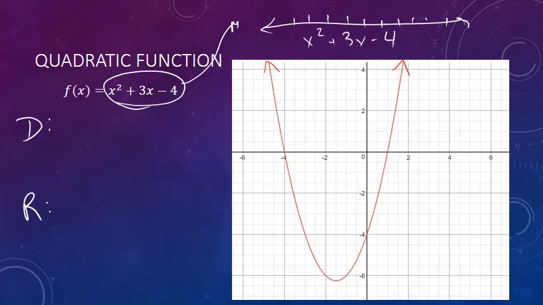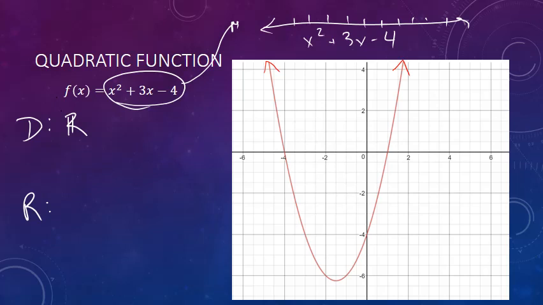I could plug in all the negative numbers, and they give me some answer. It might not be beautiful. It might be a decimal, or it could be anything. Plug in 0, I get -4. Plug in all my positive numbers, I always get y values out for any single x. So this is going to be the same thing, all real numbers.